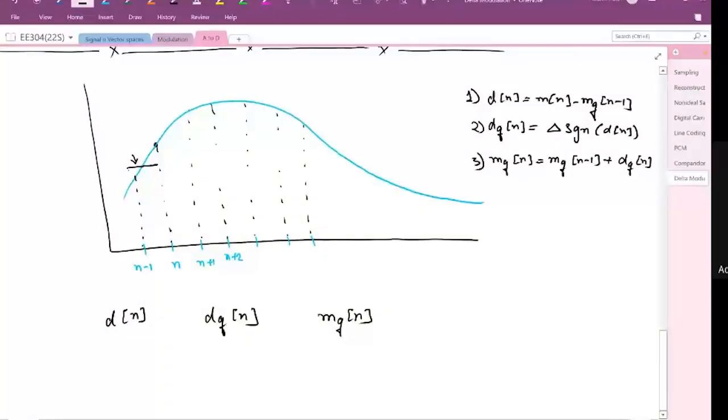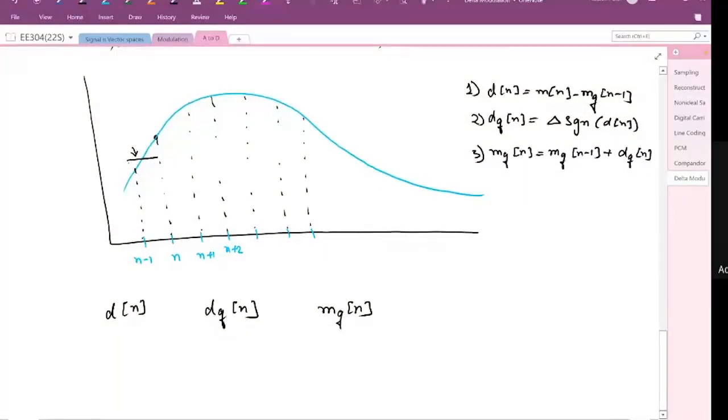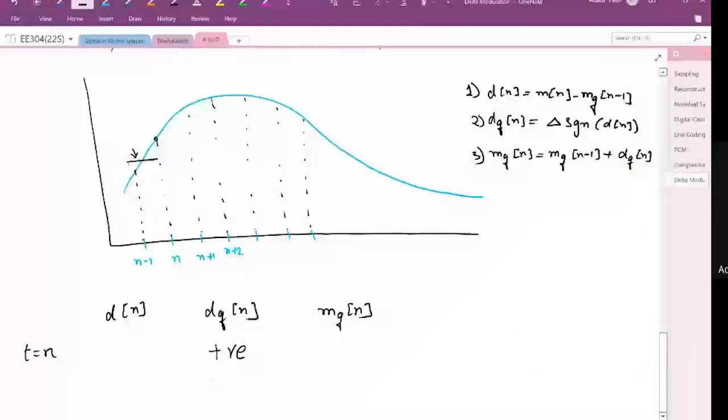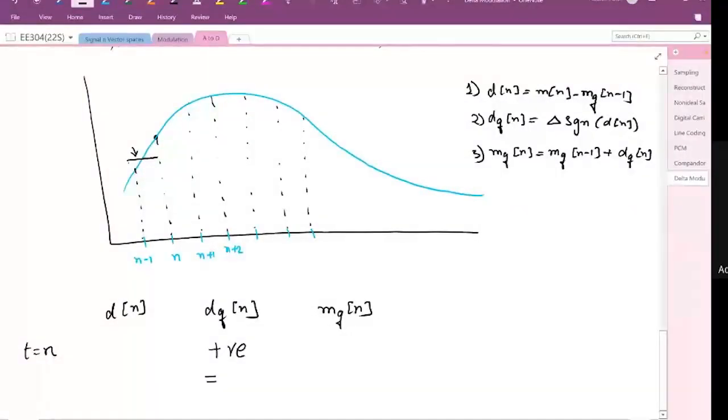So dqn at this stage for t equal to n: dn is mn minus mqn, and dqn is positive in here. What is the value of dqn?